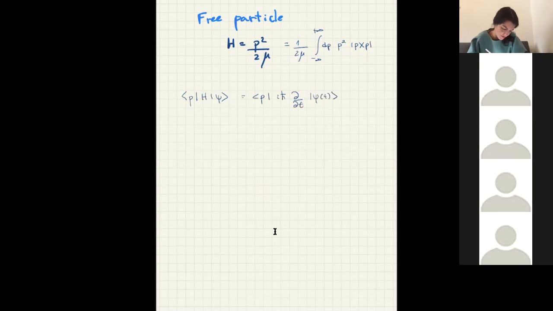So I just took the Schrodinger equation, and then I sandwiched it, I topped it off with p on the other side. Well, this is the same as having 1 over 2 mu p squared, psi. And for now, we're only in one dimension.